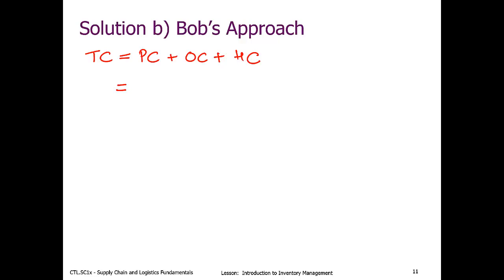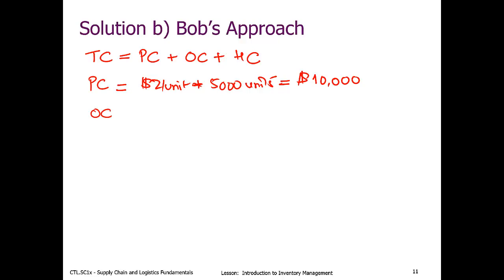So the purchase cost still is at $2 per unit times 5,000 units that we sell, or the Coop sells in a year, right? So this gives us a value of $10,000. I think this is the same as the first case in part A. So this is your purchase cost.